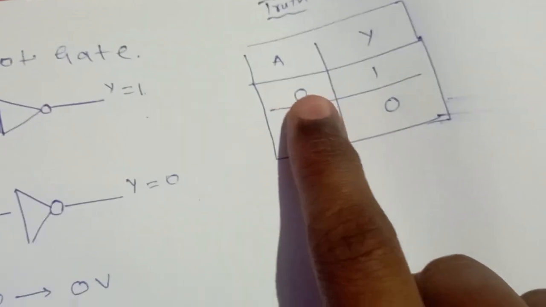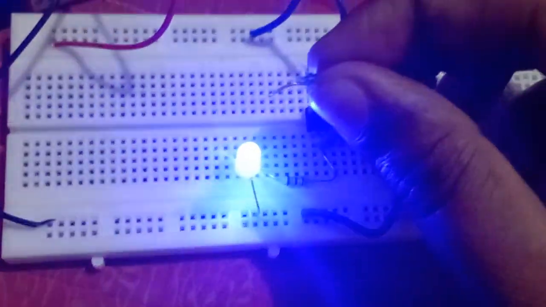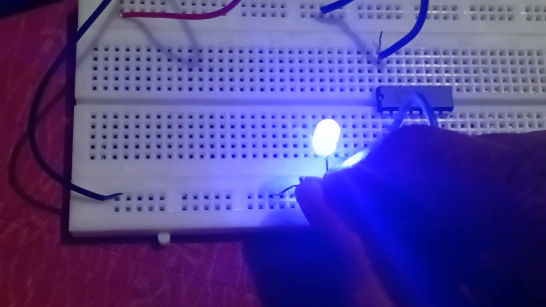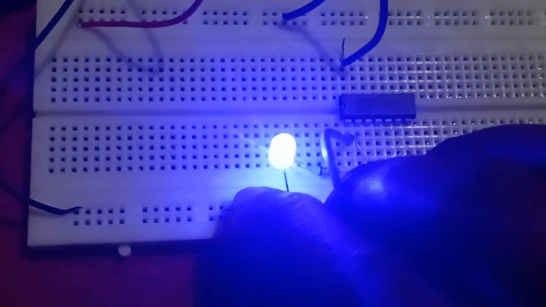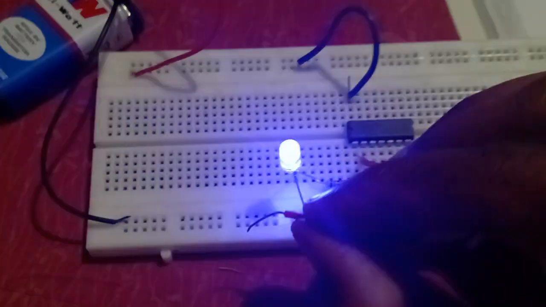When I give 0, the LED must still be glowing. That is, when I ground this pin on this side, this is a ground area, the LED must still be glowing.